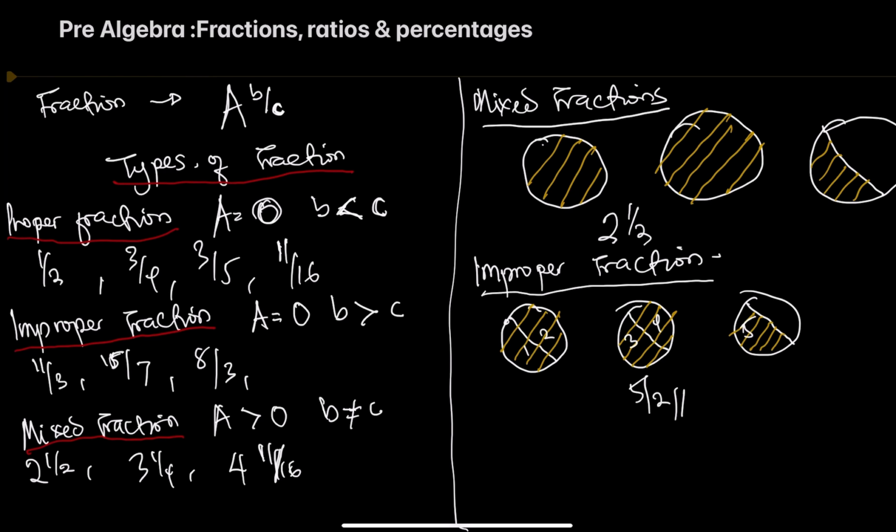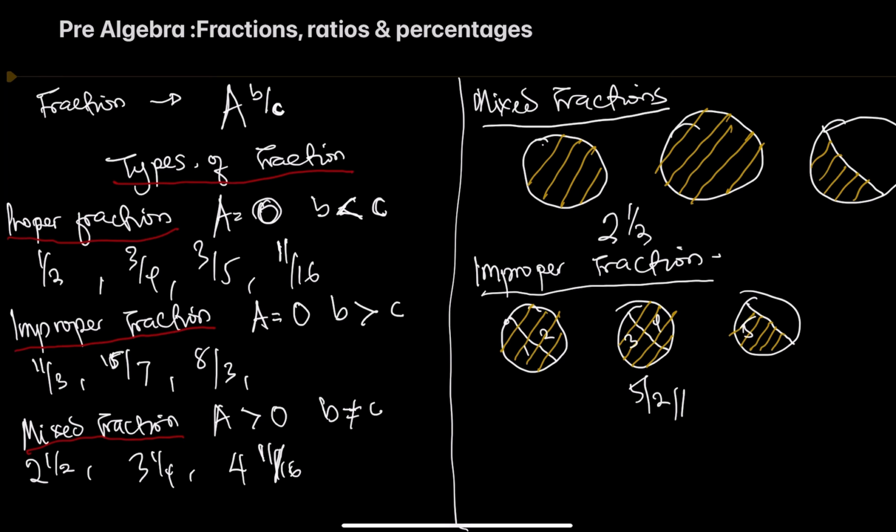Now, we will go ahead to see how to convert an improper fraction to a mixed fraction. Because when you see this example, even though it's the same 2.5 fraction, we can represent it as an improper fraction, and we can also represent it as a mixed fraction.